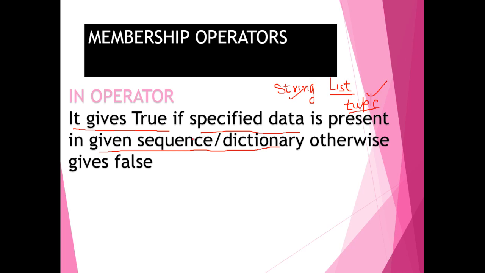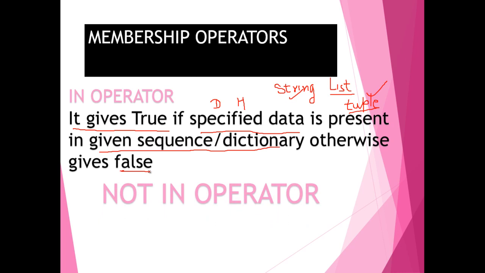In the first case, D is present in the string India, so we get true. In the second case we want to find H in the given string, but H is not present in India, so we get false, right?